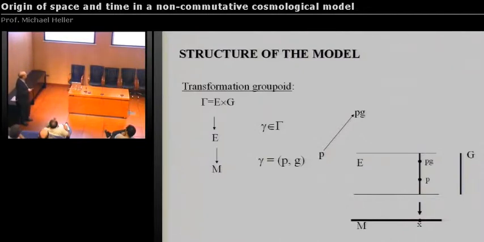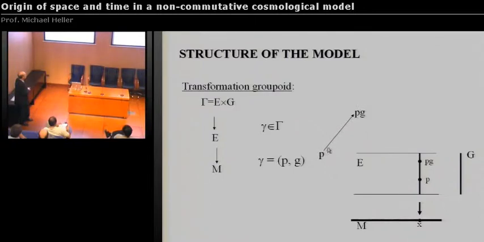And such an element of the groupoid can be represented as an arrow from P to P times G. And this arrow represents a Lorentz rotation from the reference frame P to this reference frame. So the groupoid, in fact, is the space of all possible Lorentz rotations. It's something very physical, because Lorentz rotations are very important for physics, and the phase space of our model is the space of all possible Lorentz rotations. Okay?